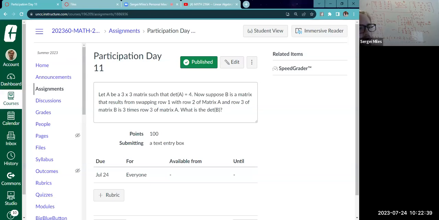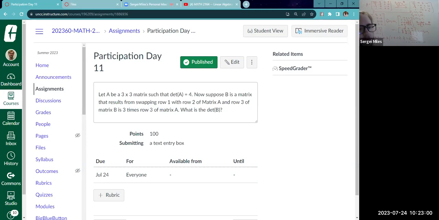And row 3 of matrix B is 3 times row 3 of matrix A. What does that mean? Well, that means B has a row which is bigger. If it has a row which is bigger, then its determinant is bigger. How much bigger? 3 times bigger.